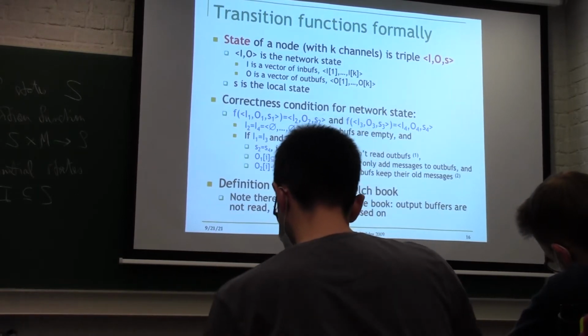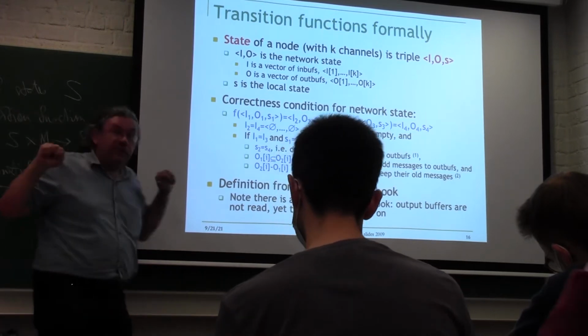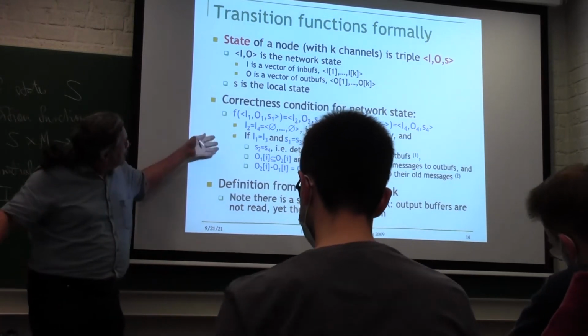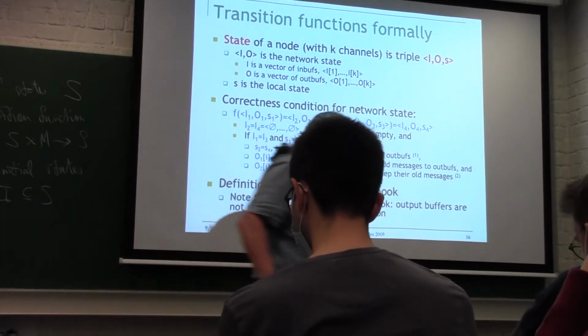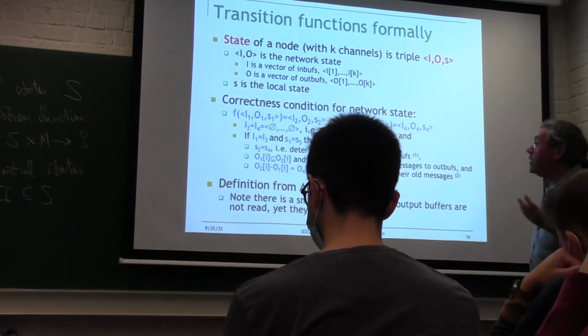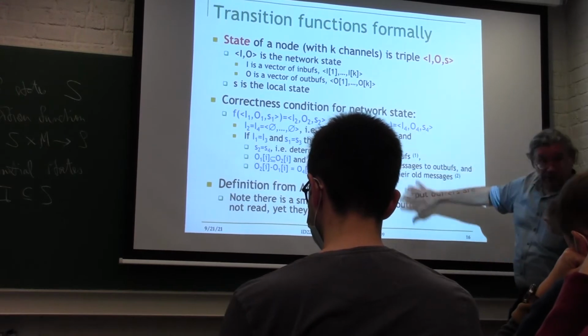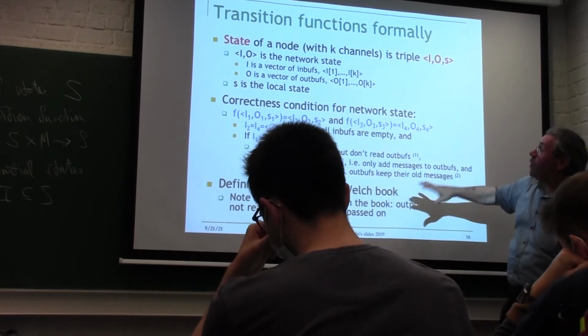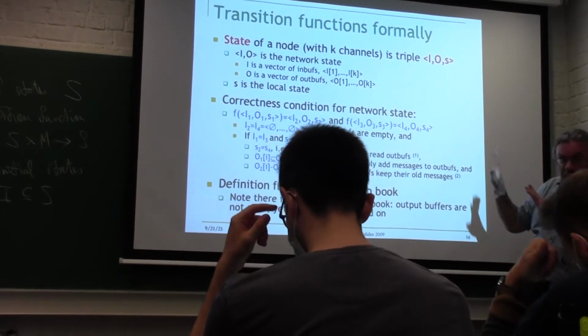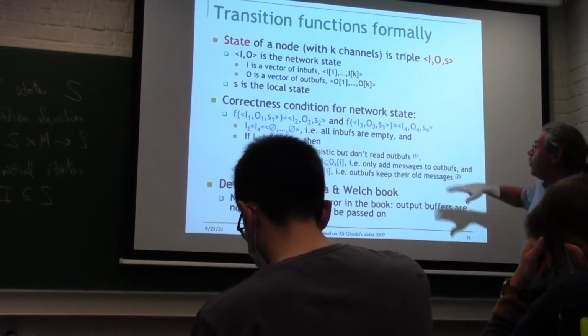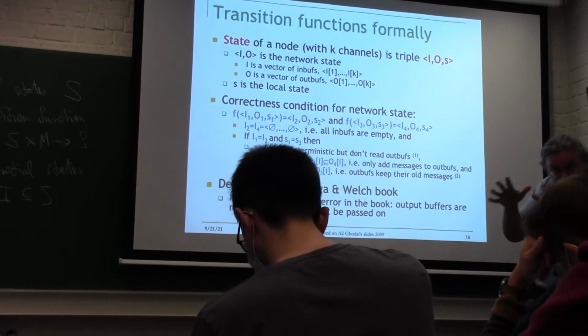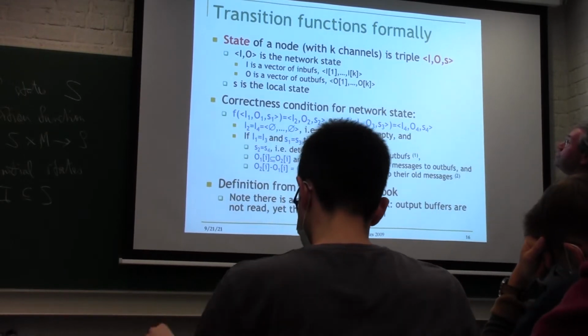Okay. So there is a formal set of constraints on the transition function, which is on this slide, which looks very complicated, but I'll explain. It's actually intuitive. But basically, we're not going to worry about this so much. I have to explain it once, but then you'll see later on we don't really have to worry because it's somehow automatic. But when I'm defining outbuffs and inbuffs, I have to make some formal definition.